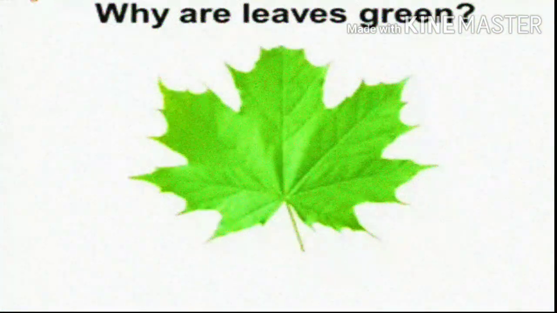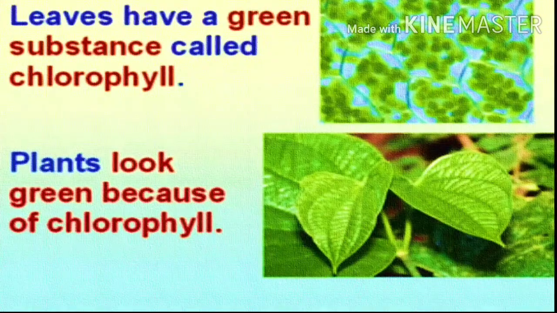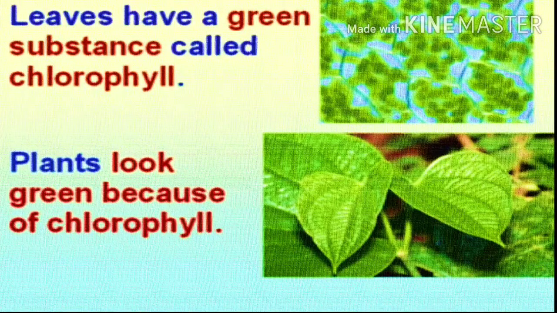So children, why are the leaves of the plant green and not pink or blue? It's because leaves have a green substance called chlorophyll. So the plants look green because of chlorophyll.